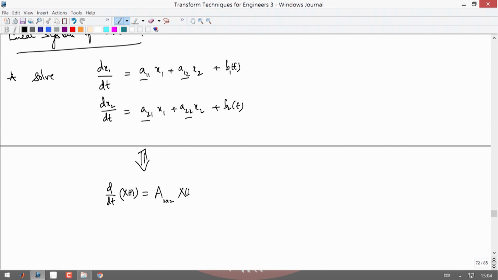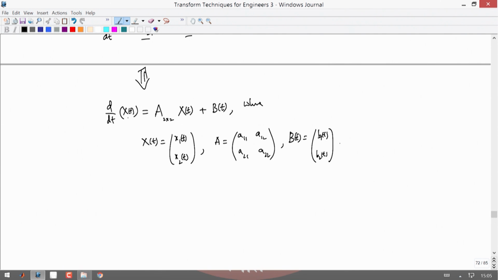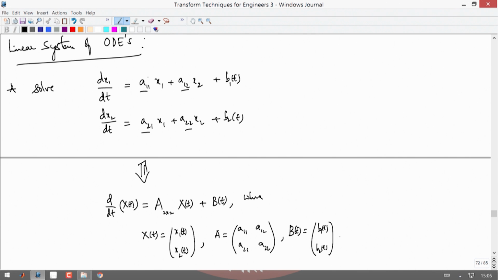Here x of t is the vector x1 of t, x2 of t, A is the matrix a11 a12 a21 a22, and b of t is the vector b1 of t, b2 of t. So this is a system of two linear equations, a first order linear ordinary differential equation for a vector.